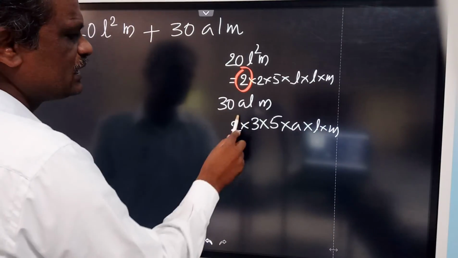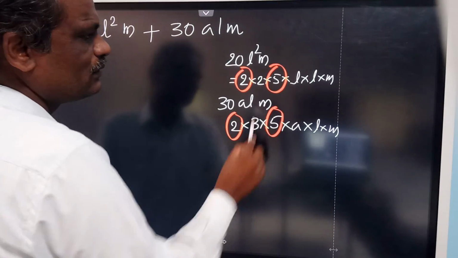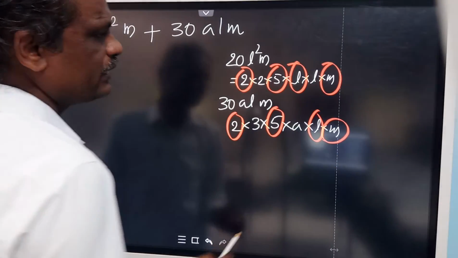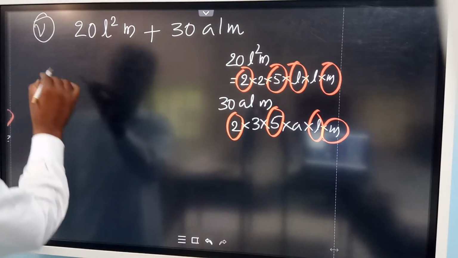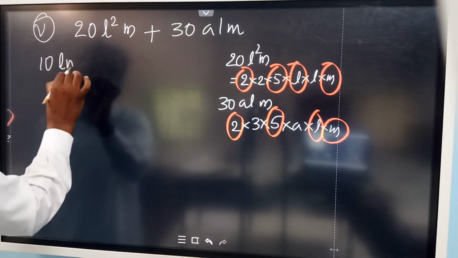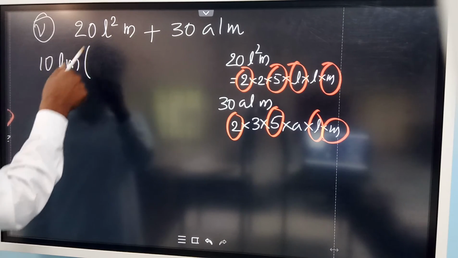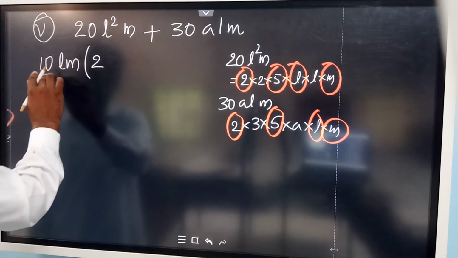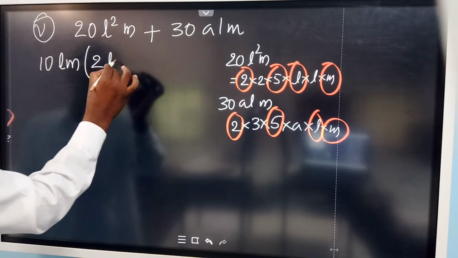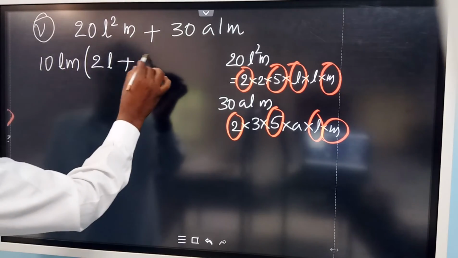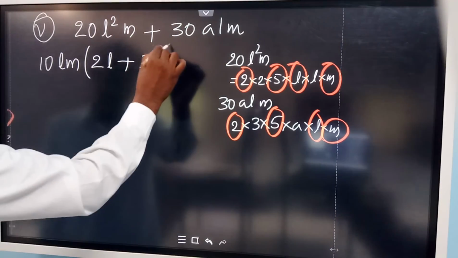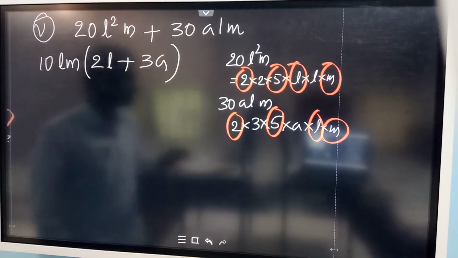So now 2 is common, 5 is common, L is common, M is common. 2 5s are 10, so 10LM can be taken common. Divide this one: 10 2s are, then 1 L you are taking, another L will remain, M you are taking out. Then plus sign, divide this 30: 10 3s are, A will remain, you are dividing L and M, so only 3A will remain. So this is the factorization of this expression.